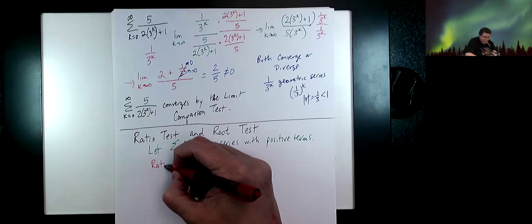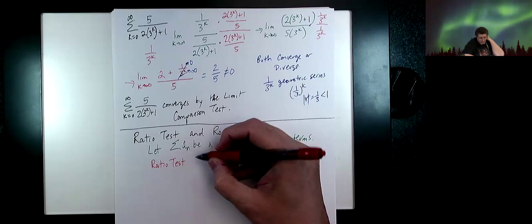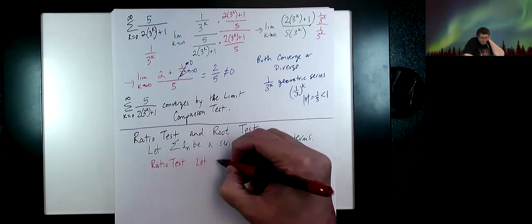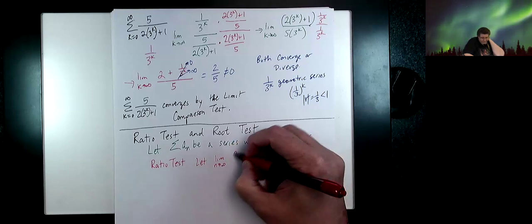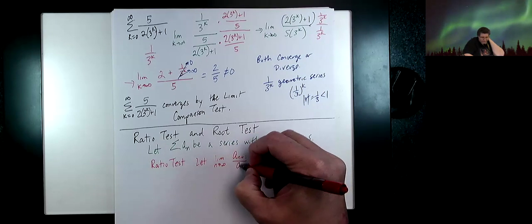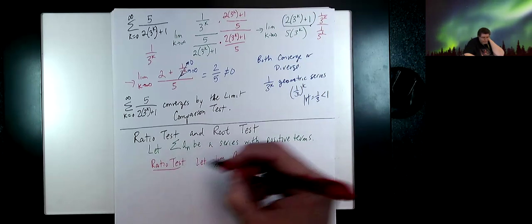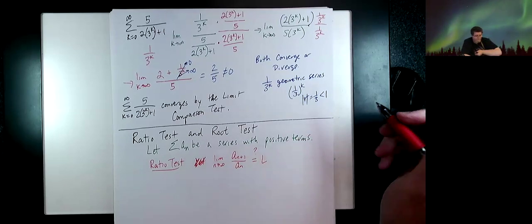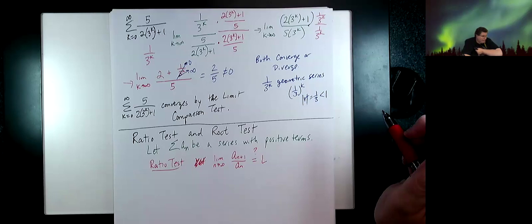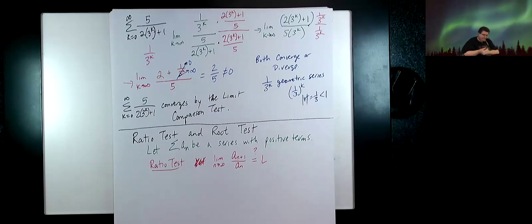So for the ratio test, we let the limit as n goes to infinity of A sub n plus 1 over A sub n, that's what we're checking, equal L. It will equal something, but it may be infinite.